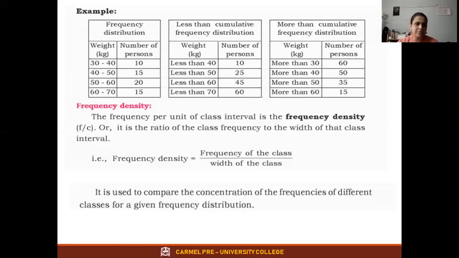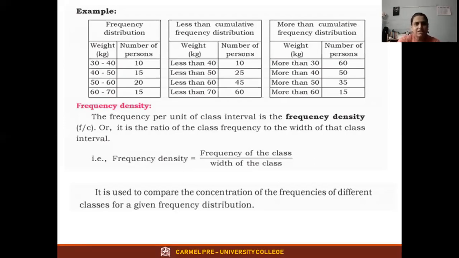There is no gap between the upper class limit and the lower class limit of the next interval. So that type is called exclusive. And the width should be equal. 30 to 40, what is the width? 10. 40 to 50? 10. 50 to 60? 10. 60 to 70? 10.